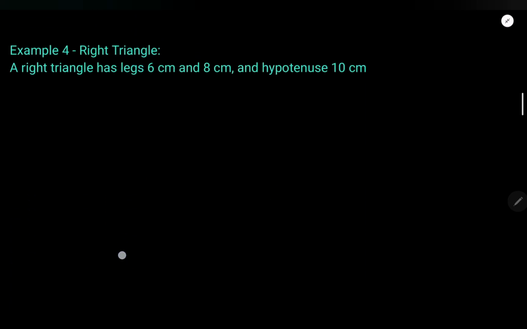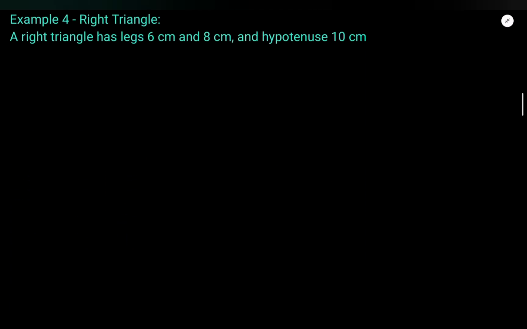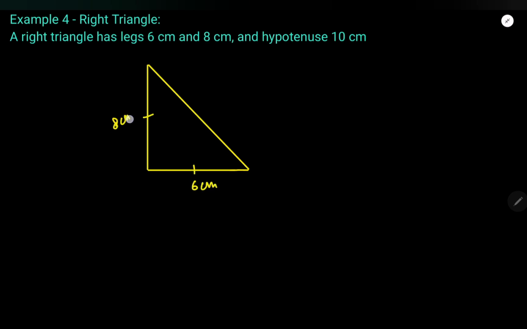Okay, and after this we have a right triangle. It is a right triangle. One is a 6 centimeter base and this leg is 8 centimeter and the hypotenuse. In a right angle triangle, suppose I say this is 6 centimeter, this is 8 centimeter, this is 10 centimeter.